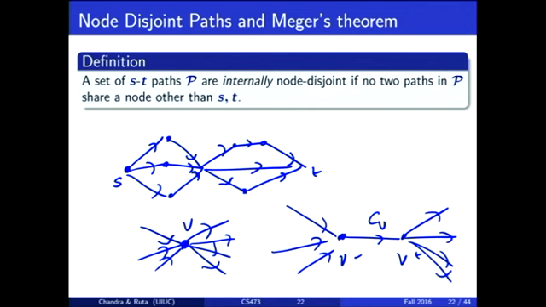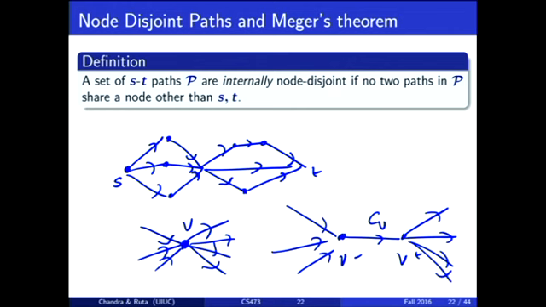This transformation also shows that the capacities are preserved, in the sense that if the node capacities are integer valued, then the corresponding graph has integer capacities.